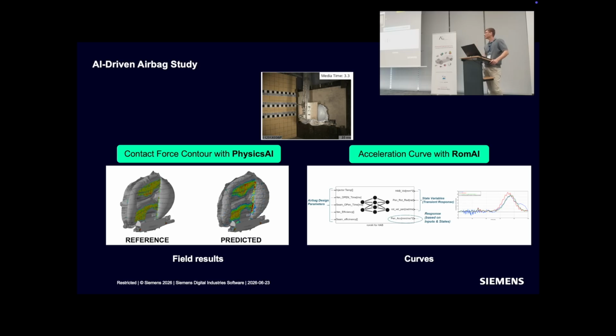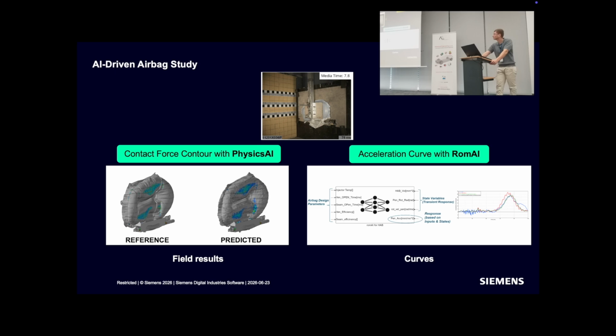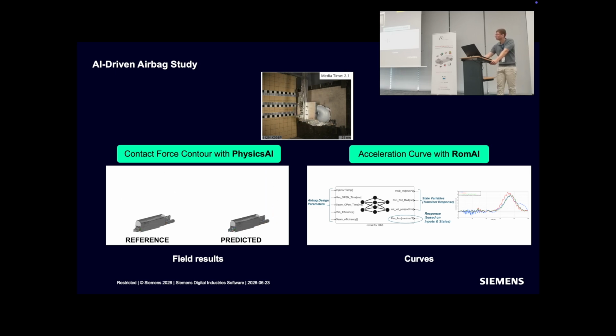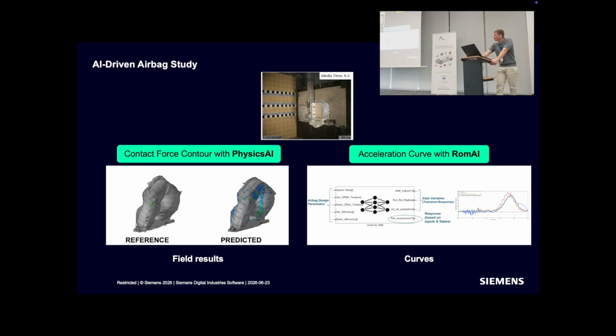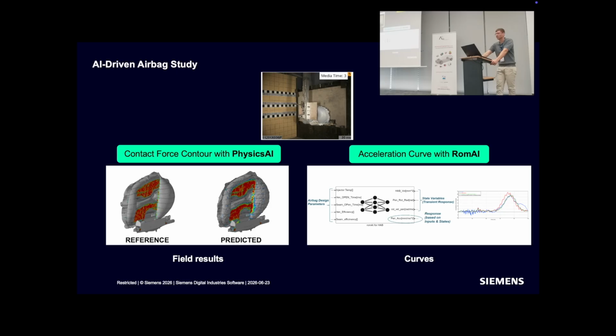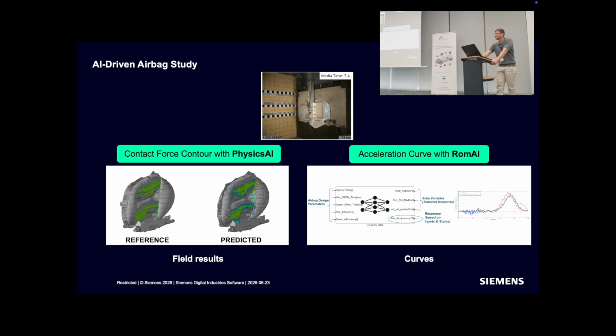Coming back to the AI-driven airbag study, this is the experimental setup that I was previously describing. The keynote here is that we have two different tools, Physics AI and ROM AI, and depending on the goal and on what we want to achieve, we can utilize each one.